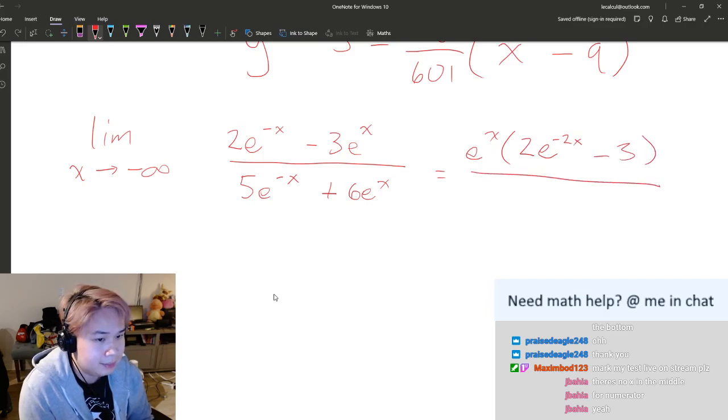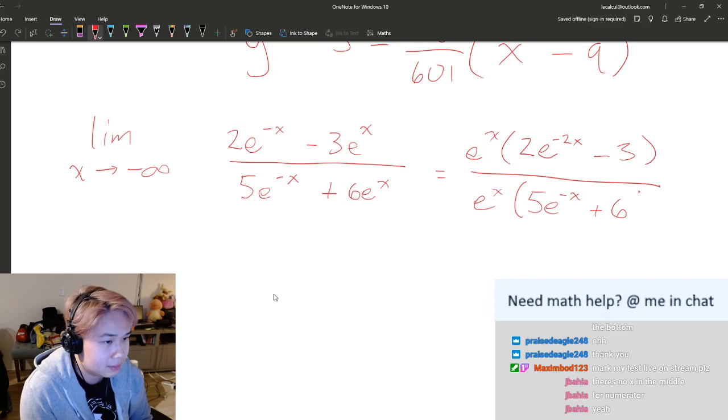And then on the bottom, you have e to the x times 5e to the negative 2x plus 6, like this.